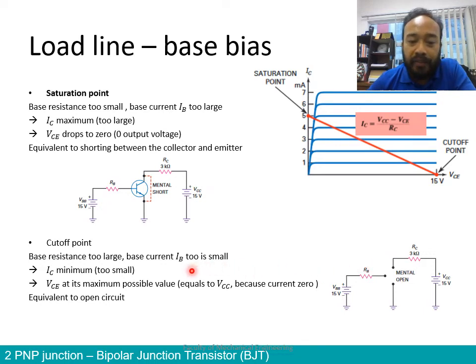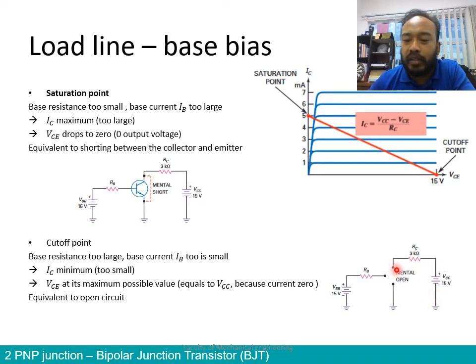So when you have your resistor too large, your base current will become too small. When your base current becomes too small, then multiplied by beta, your collector current is also too small. And when your collector current is too small, then you will have no current circulating inside this loop anymore. Therefore, if you measure VCE, the voltage across over here, it is equal to VCC, the voltage supplied to the collector loop.